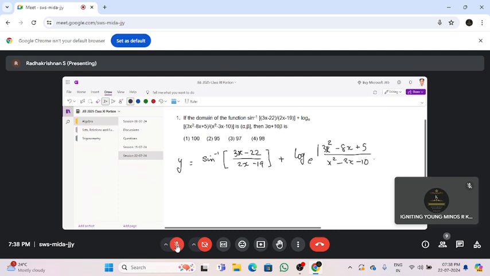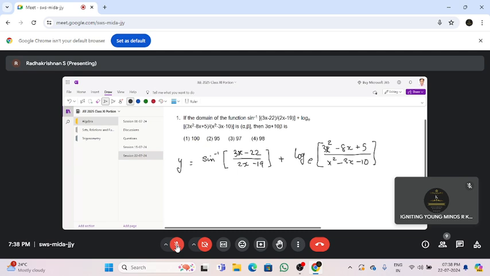Now we want to find the domain of this function. So y equal to sine inverse of (3x minus 22) by (2x minus 19) plus log of something. Now domain means we are talking about the value for x or y here.